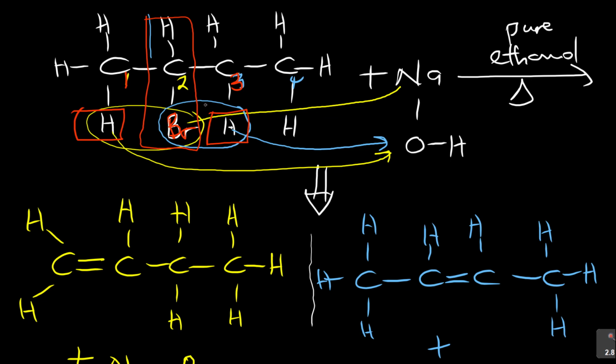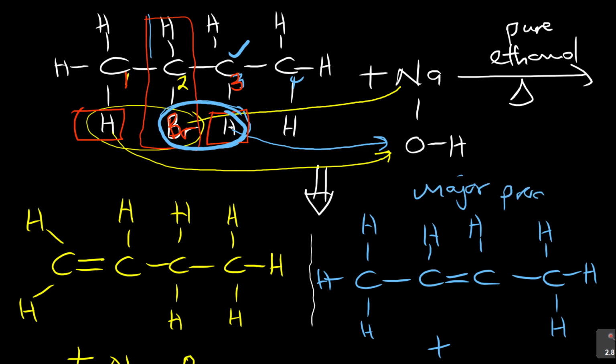Markovnikov will say the carbon with the smallest number of hydrogens, that's where you must take the hydrogen. So here, the one that we did in blue, this is the one we took here because we want to take from this carbon. It has got 2. So this then becomes the major product.